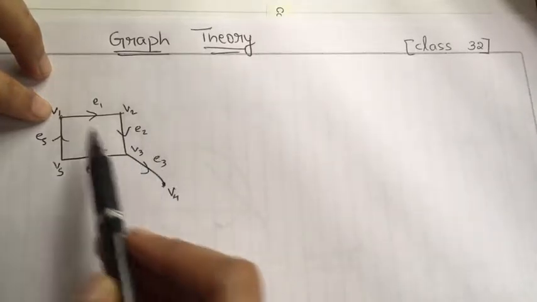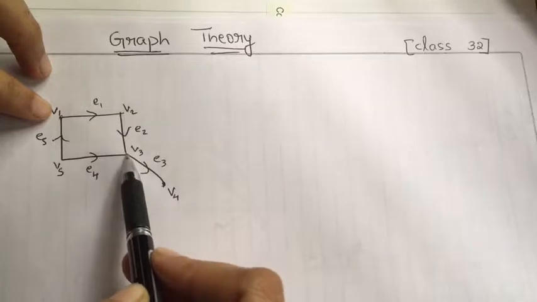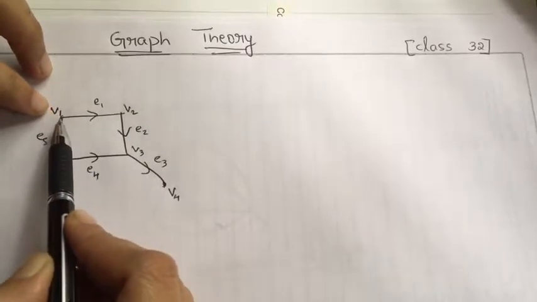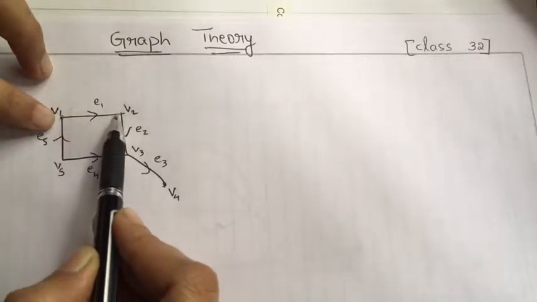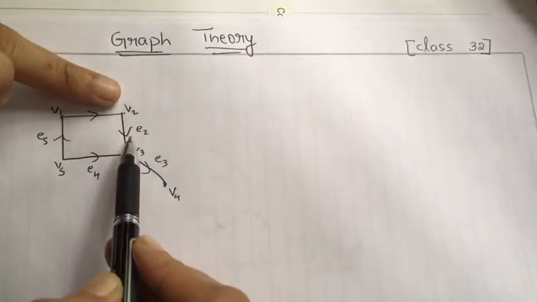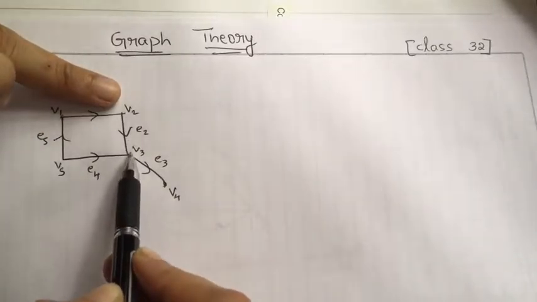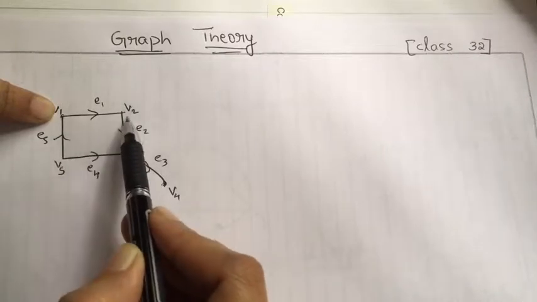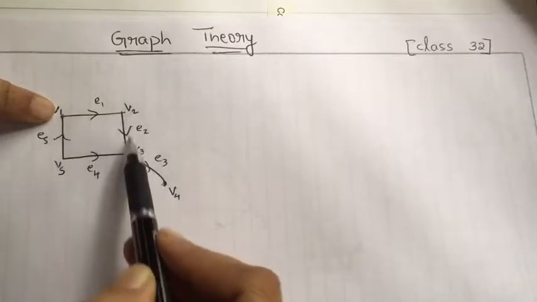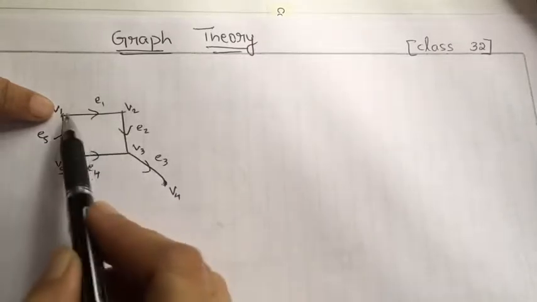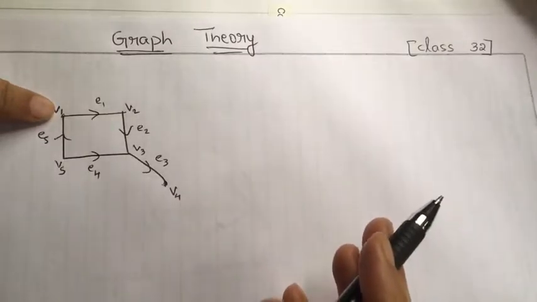The thing is, this is a directed path I'm taking. Since from V1 I'm taking this direction, along E1 I'm reaching V2, with E2, V3, E3, E4. So I'm reaching from V1 to V4. It's a sequence of vertices and directed edges. Along with the sequence is called a directed path.